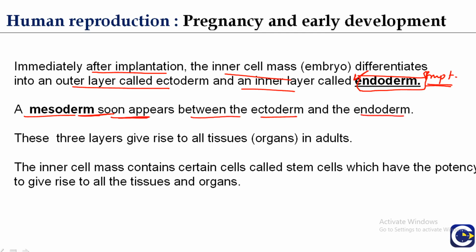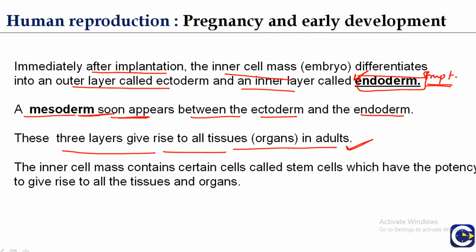These are the three layers: endoderm, ectoderm and mesoderm. All these changes during the change of the blastocyst to the gastrula are known as gastrulation. These are morphogenetic changes, because all three germinal layers give rise to all the tissues and organs in adults.